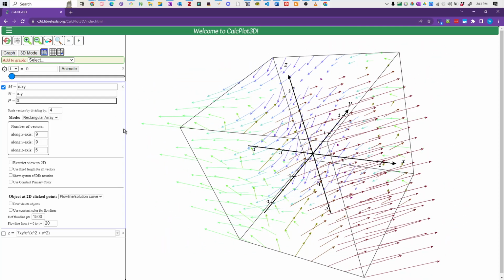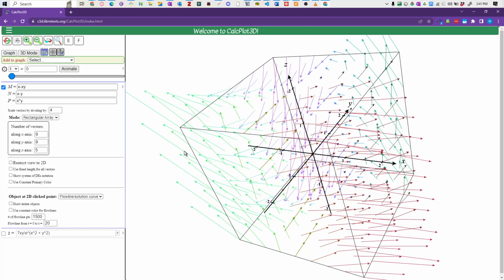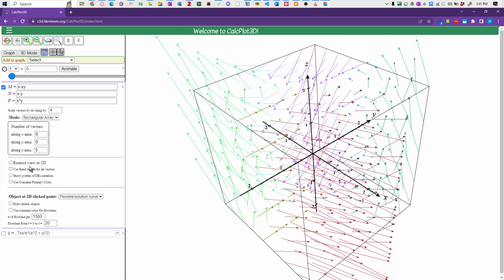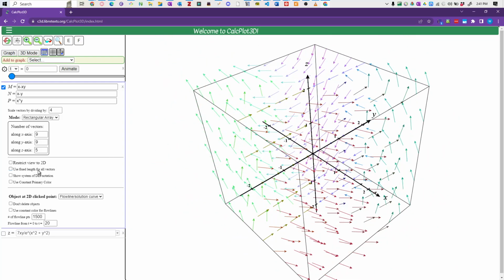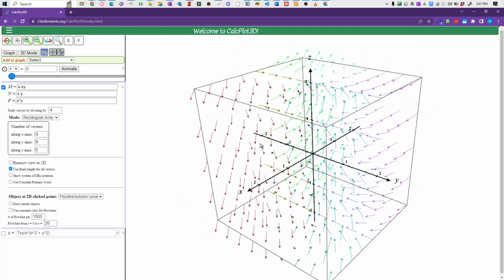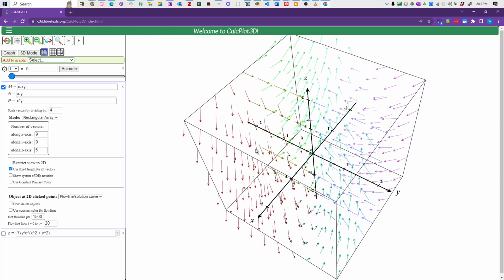Everything is flat because the function P is nothing. So if I say x times y, now it actually starts using the z direction as well. Notice that in this case we can do something sort of like faking normalizing it. It just forces them all to be the same length.